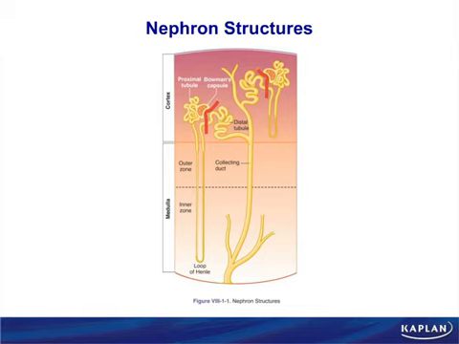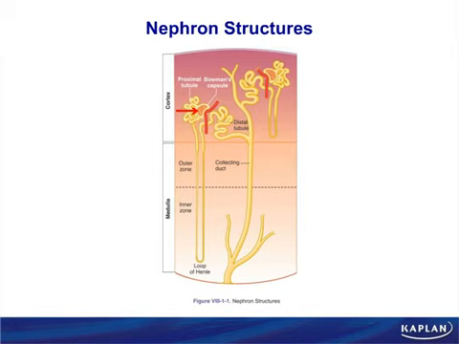Now, if you look at the blood supply, you have blood entering the kidneys through the renal arteries. The renal arteries will break down into the afferent arterioles. Then the afferent arterioles will become the glomerular capillaries. And here are the glomerular capillaries. And the glomerular capillaries are surrounded by Bowman's capsule, and this is where filtration occurs.